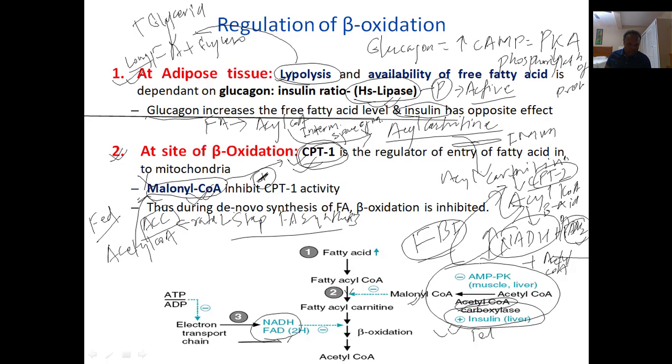Now this is inhibited by one enzyme, which facilitates beta oxidation. Let's talk about this enzyme. This enzyme is very important, especially during exercise.